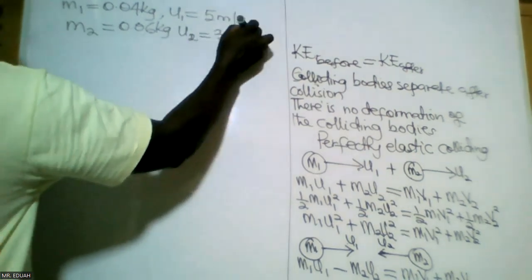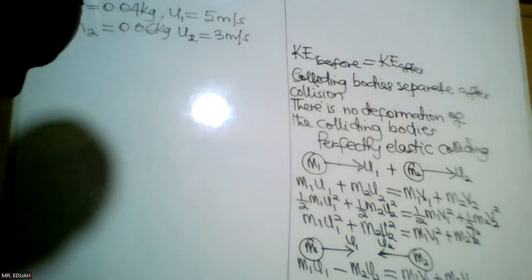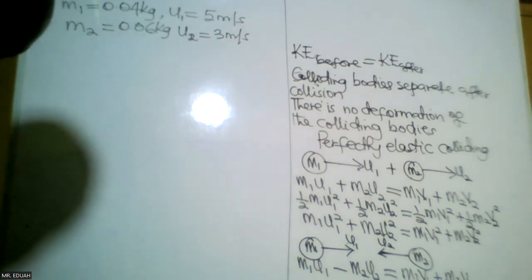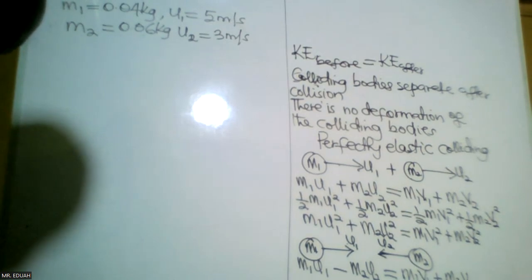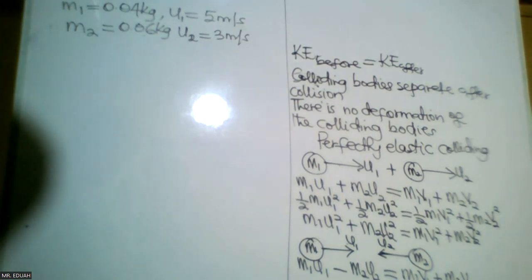Now, what is the velocity of each ball after the collision if the two balls are moving A in the same direction and B in opposite direction?